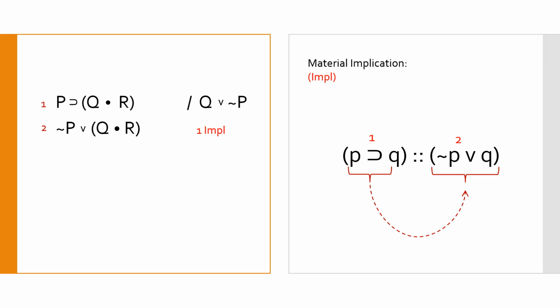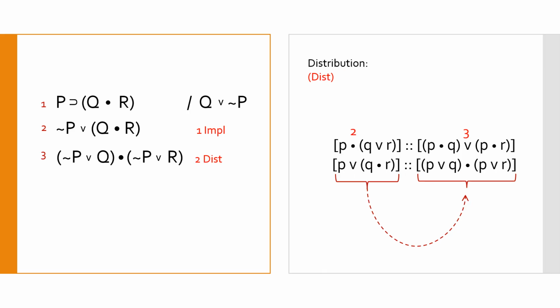So I have a conditional statement, and what I want to do basically is convert that to an either-or claim by negating the first term, in this case the antecedent P, and then I just change the horseshoe to a wedge. So if P, then Q and R becomes it's either not P or it is Q and R.